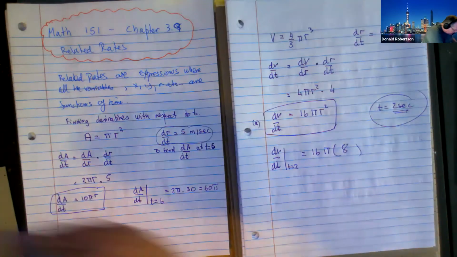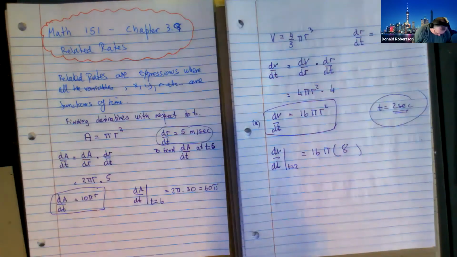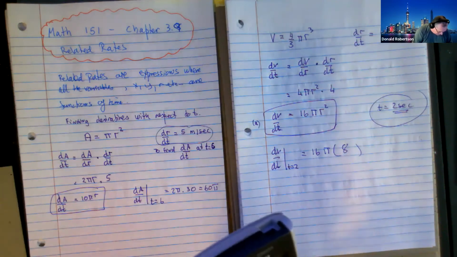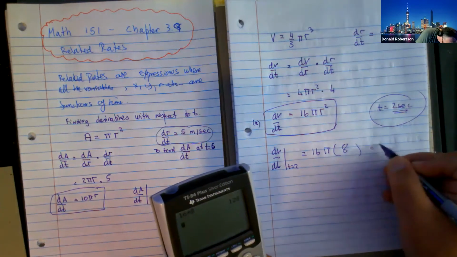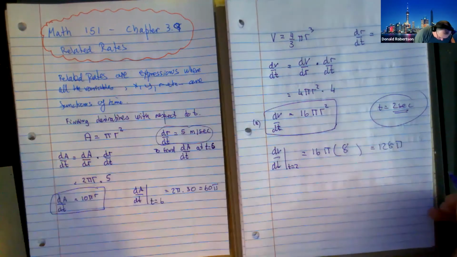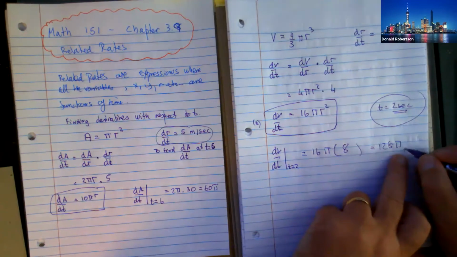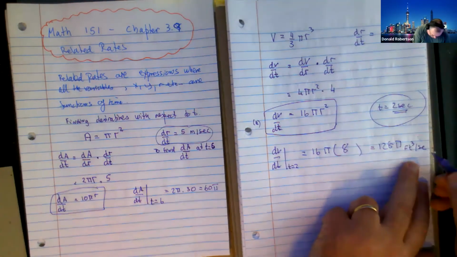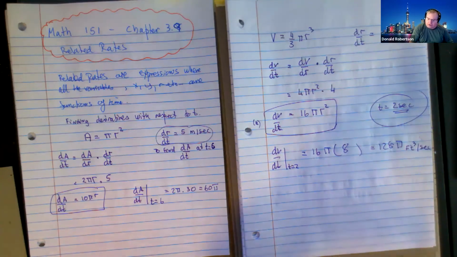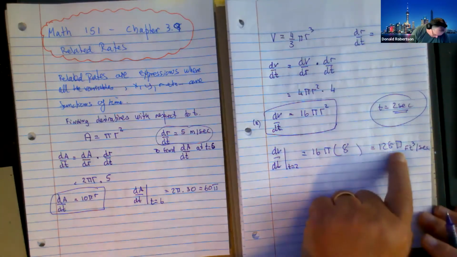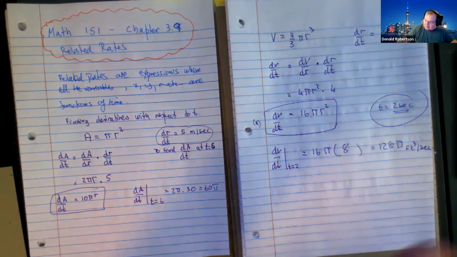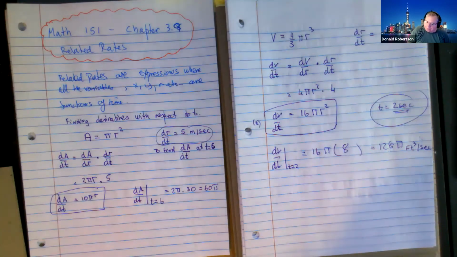And then I can just multiply those together. And we get 16 times 8. And that gets me 128 pi. And I guess this is a volume thing, so it'd be cubic feet per second. So you can imagine that ball is going to get in the next second, what's that, about another 370 cubic feet bigger, right? So it's boom, boom, boom, boom, right, getting bigger and bigger.